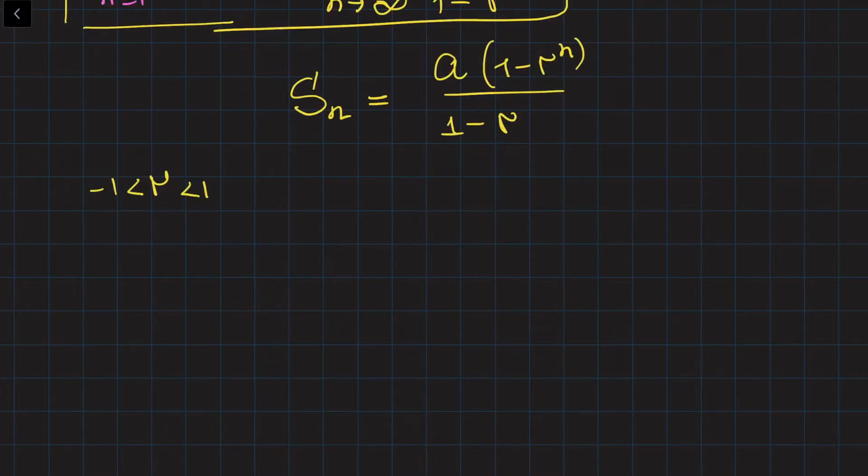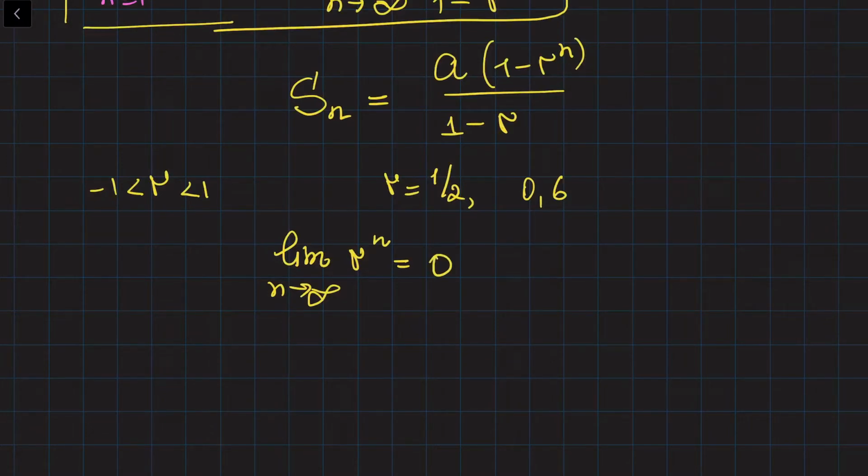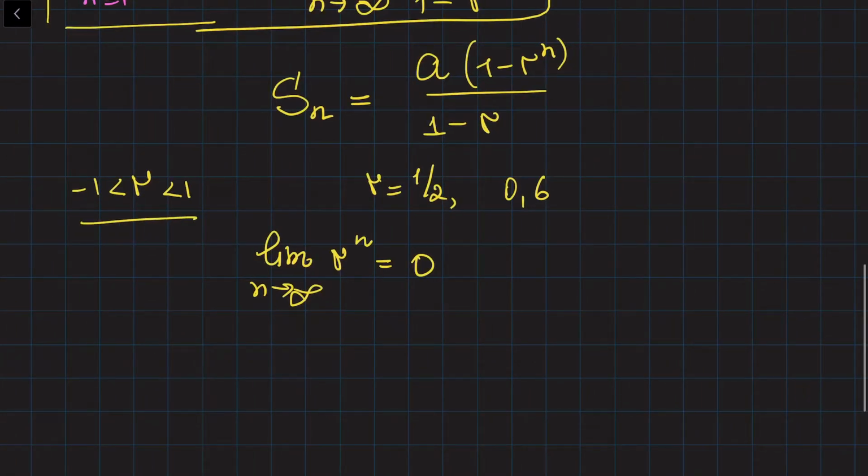So let me give you an example. For example, r is equal to 1 over 2 or 0.6 or whatever. So r to the power of n and its limit when n goes to infinity is going to be equal to 0 if r is between minus 1 and 1.